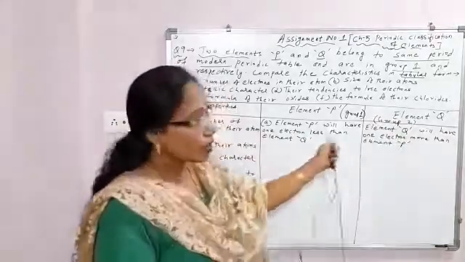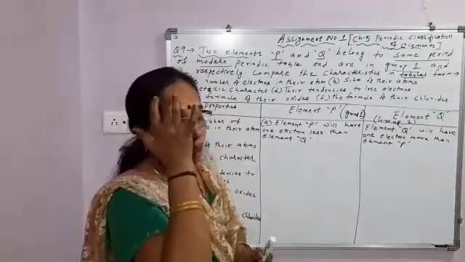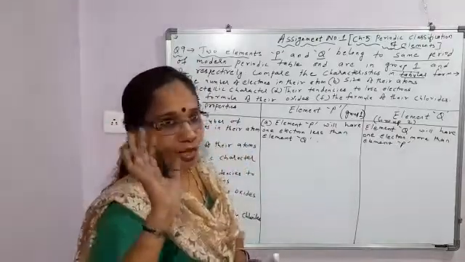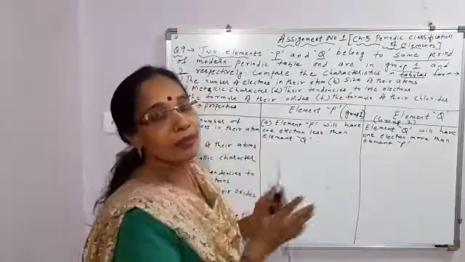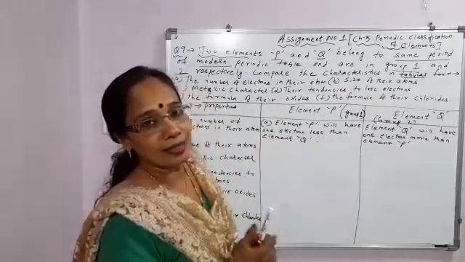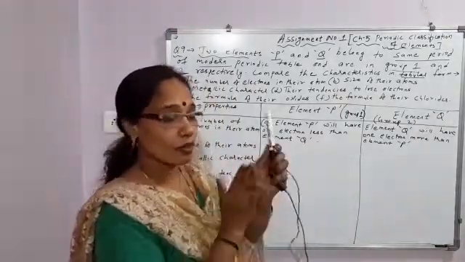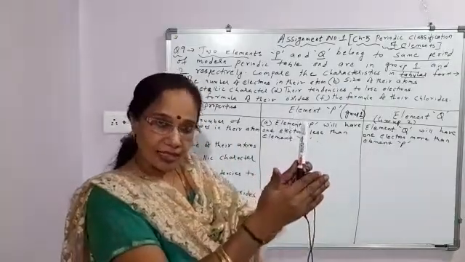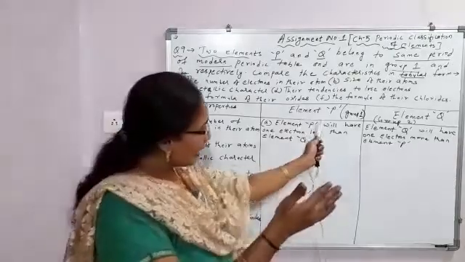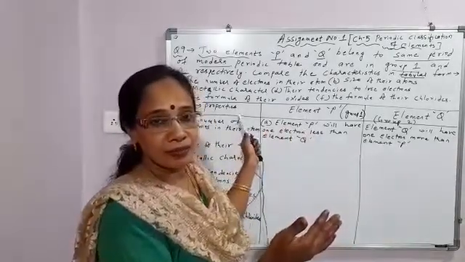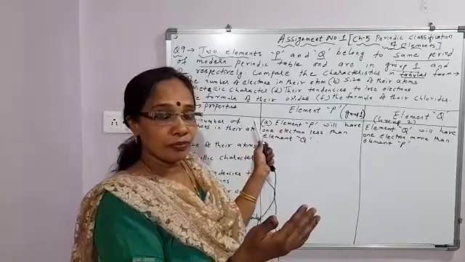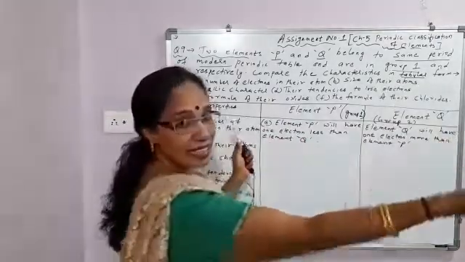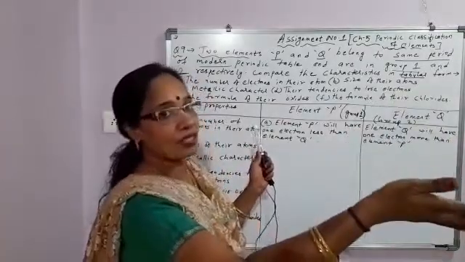As these two belong to the same period, we'll think about the variation of atomic size along a period. As we move from left to right in a period, nuclear charge increases. So the force of attraction between the nucleus and the electrons in the outermost shell increases. So size decreases. It means the element on the left hand side will have the most size and the element on the right hand side will have the least size.